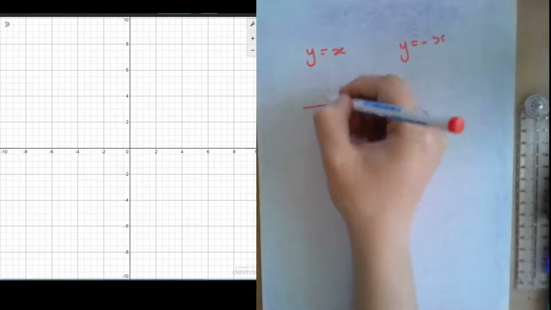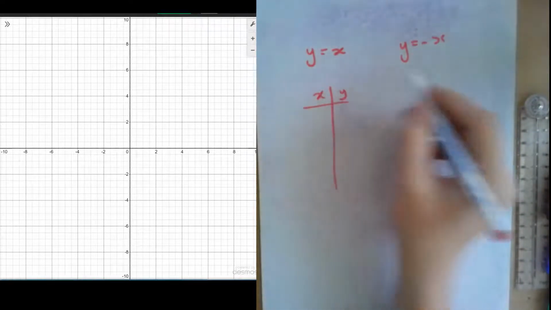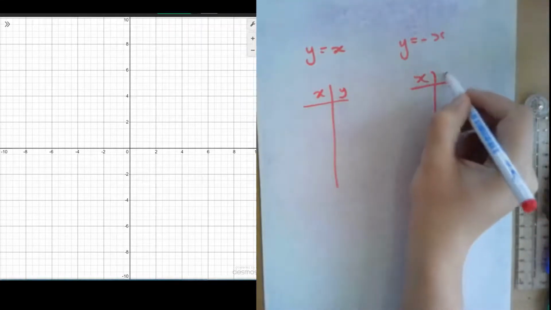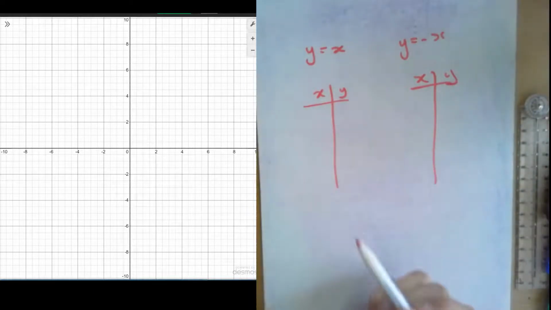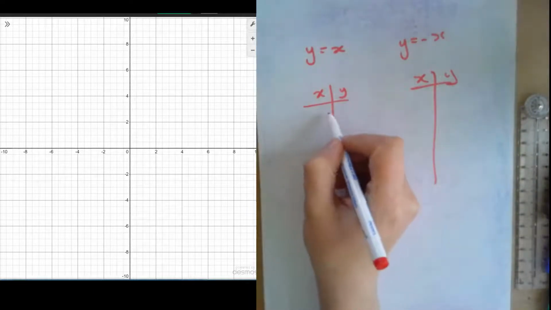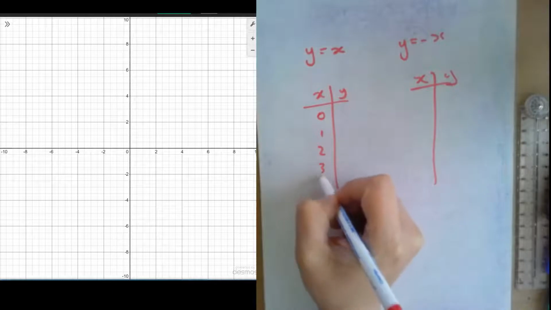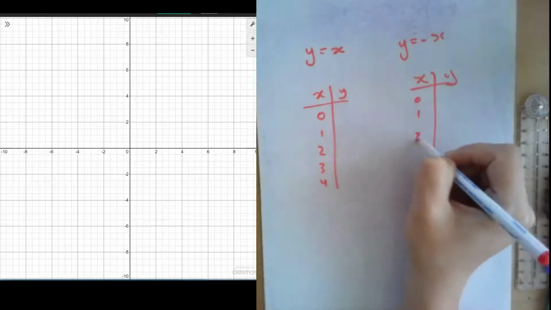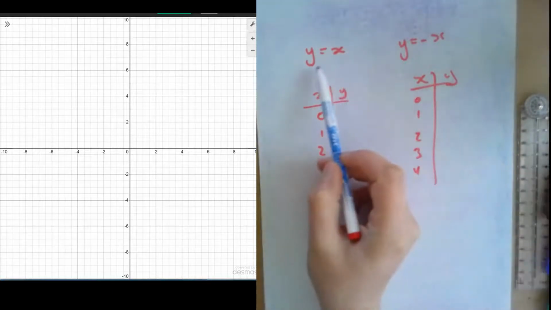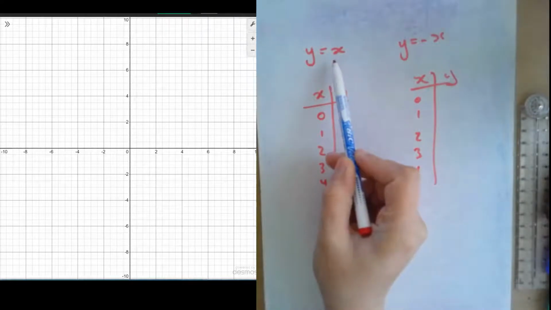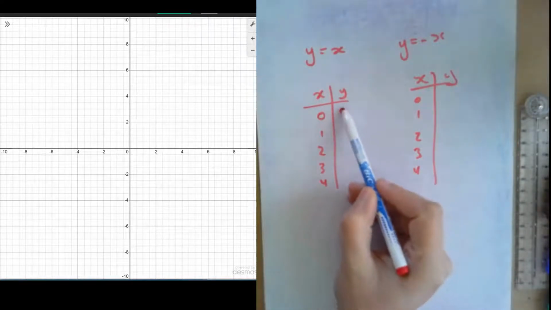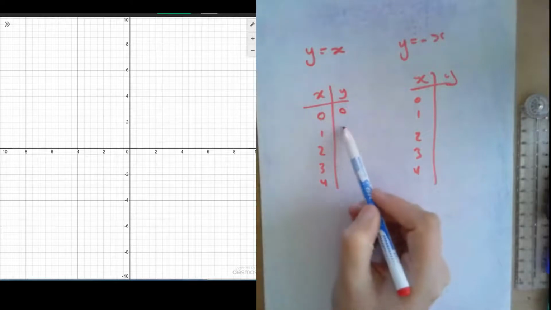For those people that have their math book, you probably just want to put x, y. Because y equals x, I'm just going to pop in a bunch of x: 0, 1, 2, 3, 4. For the first one, it says y equals whatever x is. So x is 0, so y must be 0. X is 1, so y must equal 1.